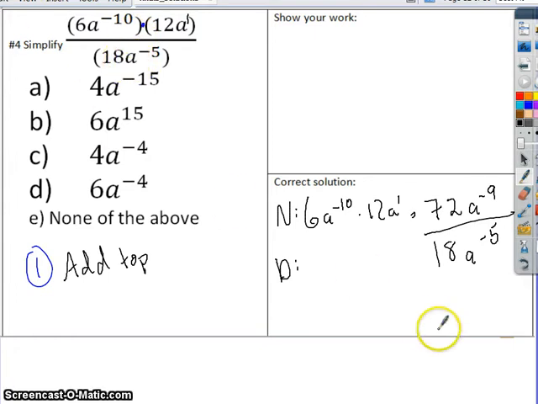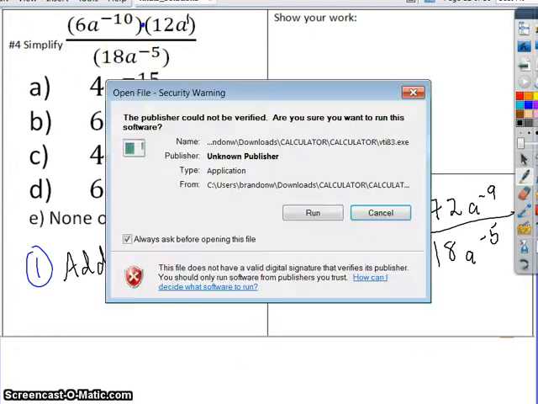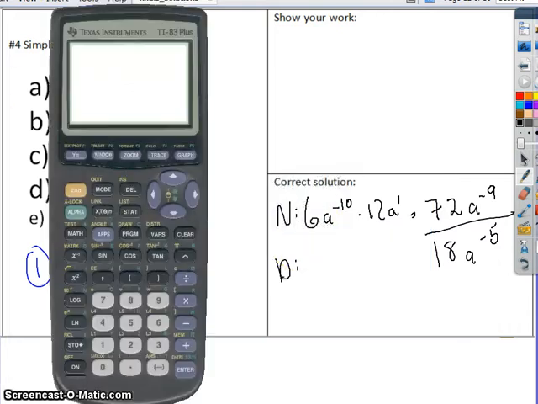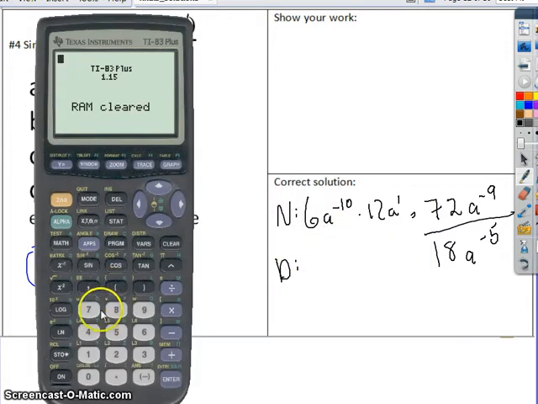All right, so 72 over 18, the best thing to do is to use a calculator. The 72 over 18 is no problem. I can just put it in a calculator. It makes 4.